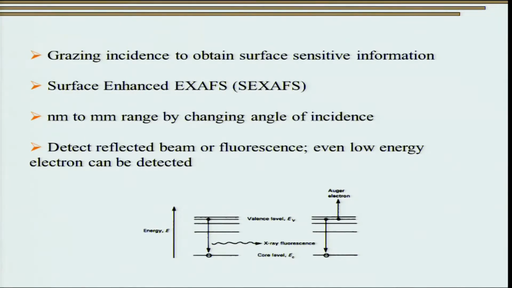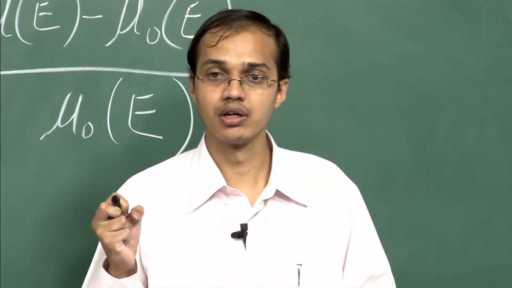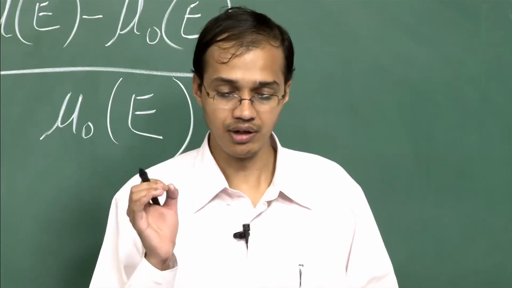The biggest advantage is that we can irradiate a region extending from nanometer to millimeter range just by changing the angle of incidence. We can also use the same concept of detecting either the reflected beam or the fluorescence or even low energy electrons, namely the Auger electrons, to get information about the chemical environment of a particular element under consideration.